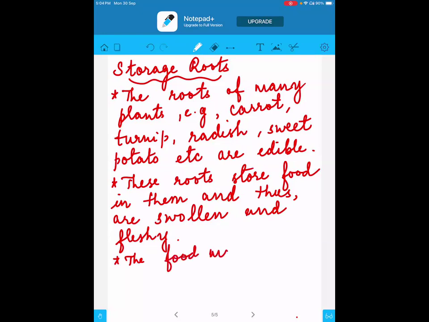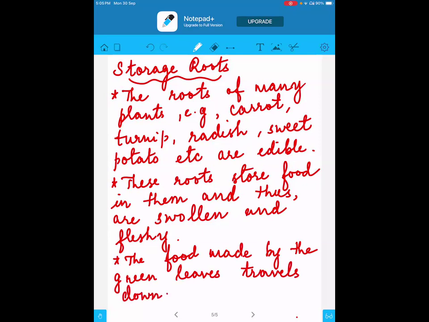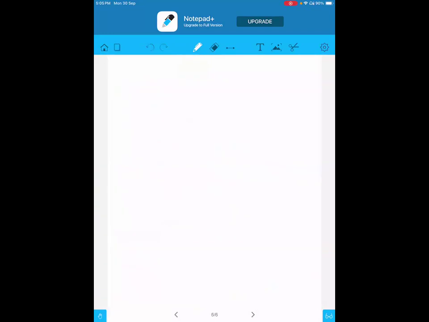The next point of this is the food made by the green leaves. It travels downwards and is stored. Generally the food is made in the leaves, but from the leaves that food travels down and reaches the roots.